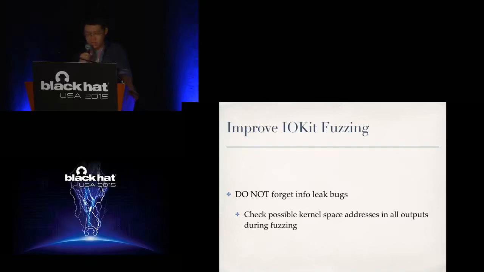We check all the possible kernel addresses in all the outputs of our fuzzing results. This is useful because we found an information leak bug and used that bug in the past Pangu jailbreak.